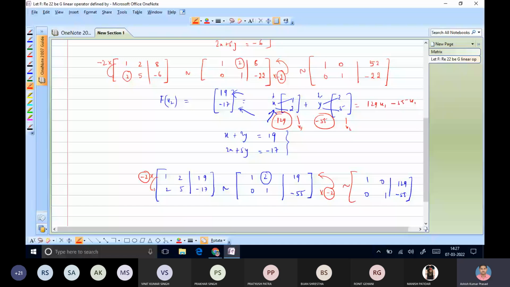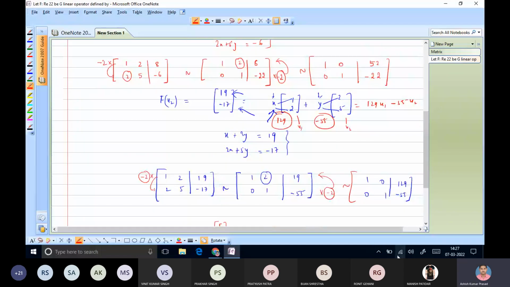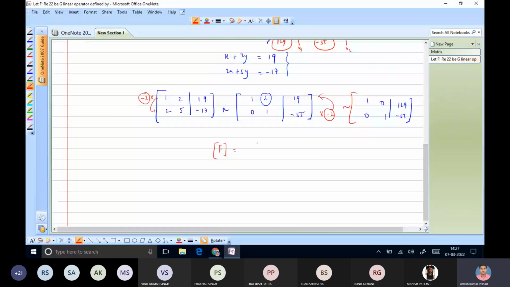So the matrix representation of f is 52, minus 22, and then 129, minus 55. And this is your required matrix representation of f.